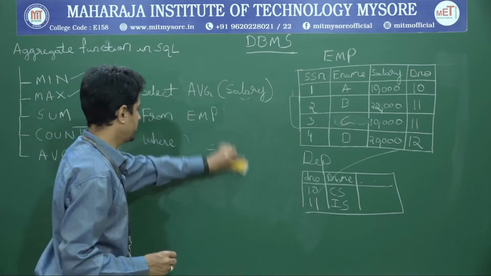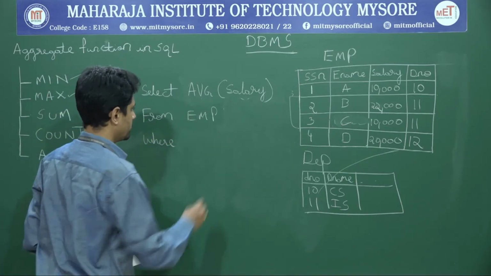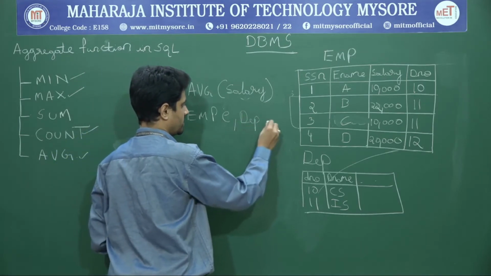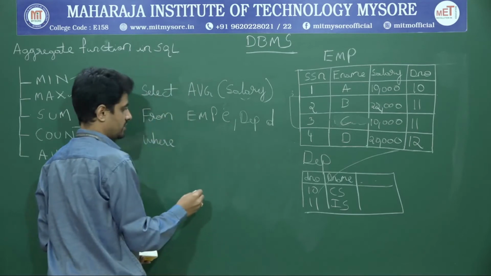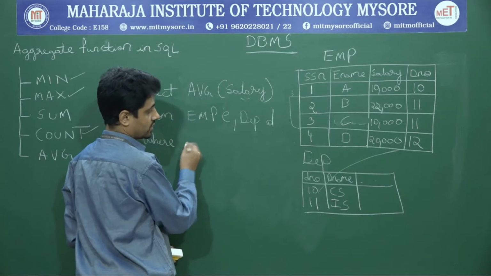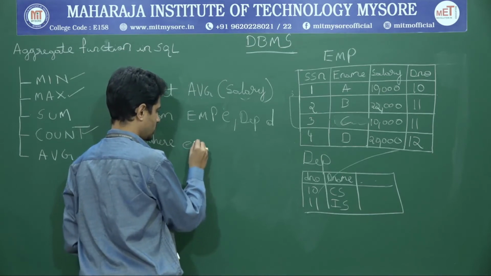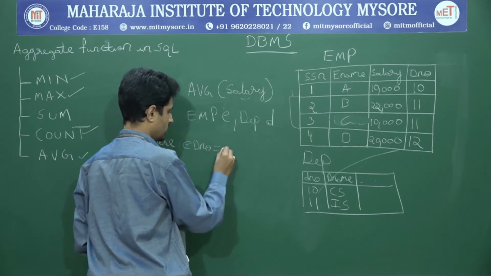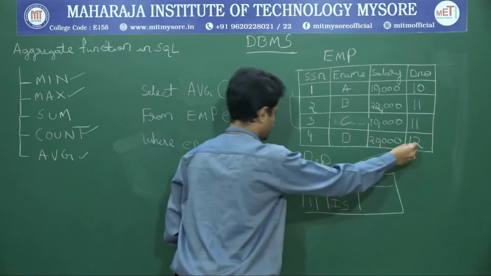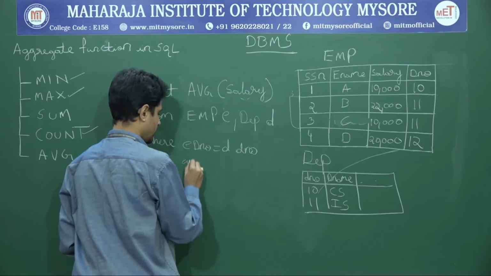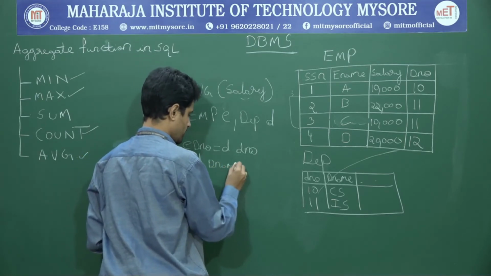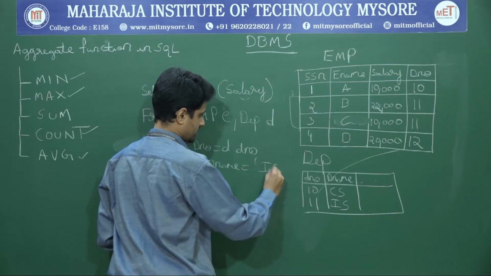So what will happen now? From employee E and department D, aliasing has been done because if we have the same representation, it will be required. Where E dot department number equals D dot department number, joining with primary key and foreign key, and department name equal to IS.